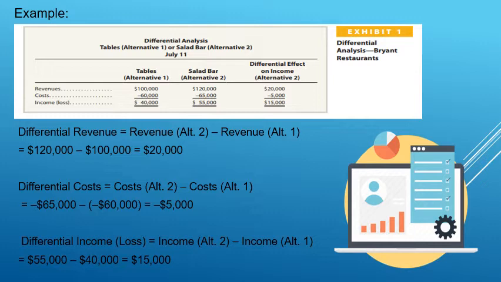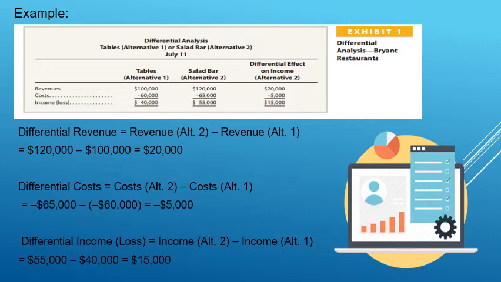And lastly, the third column is the difference between the revenues, cost, and income of the alternative over the other. In this exhibit, we can see that the salad bar is being considered over retaining the existing tables. Thus, column 3 is expressed in terms of alternative 2, the salad bar, over alternative 1, the tables.